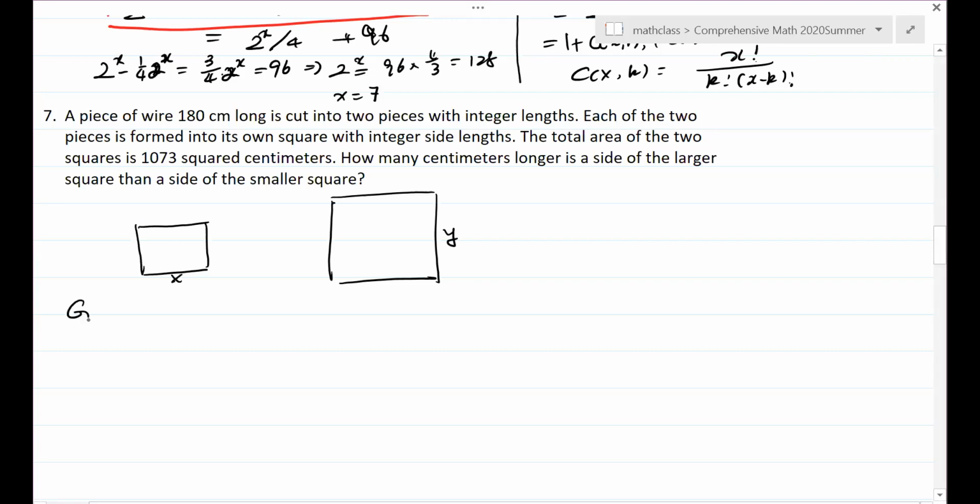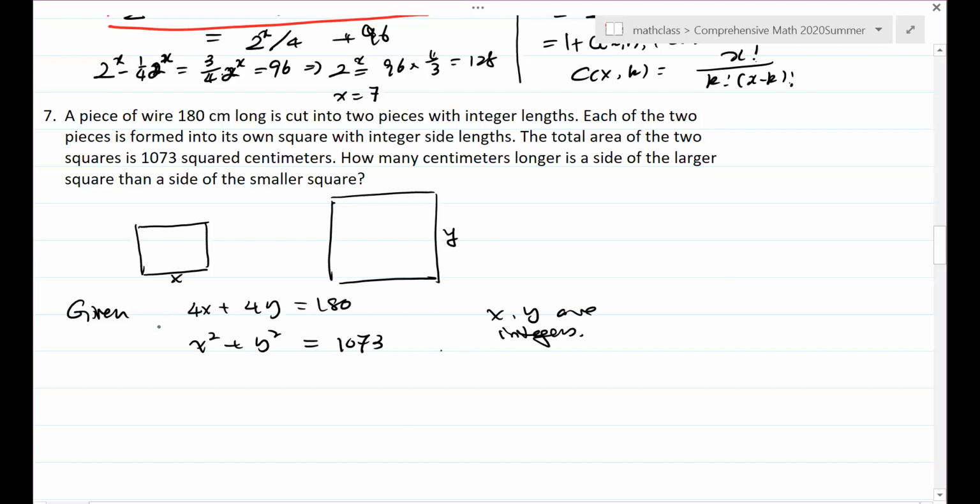We are given the total length, which is 4x plus 4y equal to 180. We also know the total area, 1,073. We also know that x, y are integers. If not, then we have no solutions.